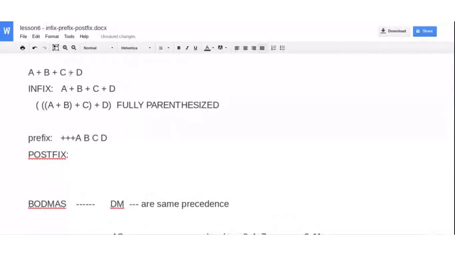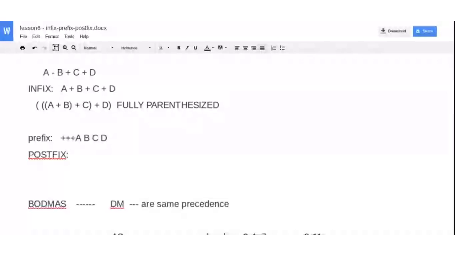Suppose our expression now has a minus here. Well, in this case, not too much trouble, Jelimo, because it's only an issue of doing what we are calling fully parenthesizing.